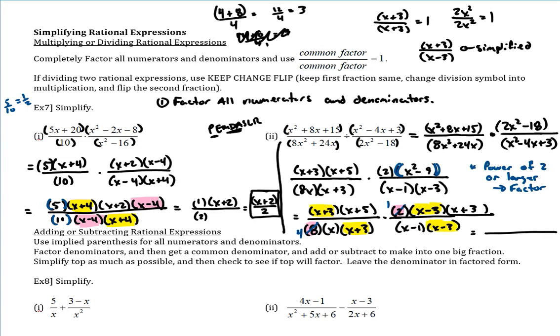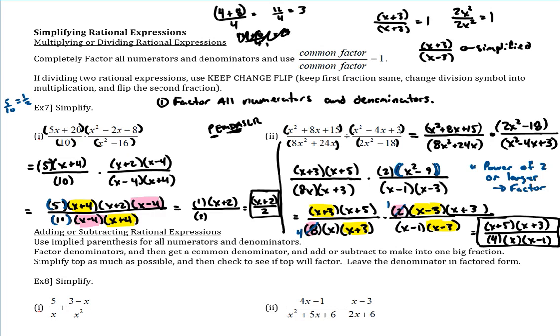Sorry about the room. Our final answer is, well, the 1 I don't really need to write. Let's just write the x plus 5 and the x plus 3. Like that. And then down below, well, the 4 I do need to write. 4. And then x. And then x minus 1. And there we go.